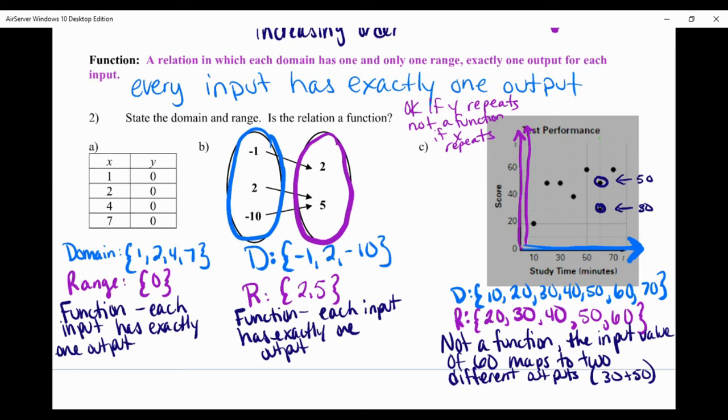That's a function. One button, one input can't map to two different outputs. One soda button can't map to two different types of soda, unless someone made a mistake. Okay, so try to use that example to help you when you're remembering, but one input value can only map to one output value.